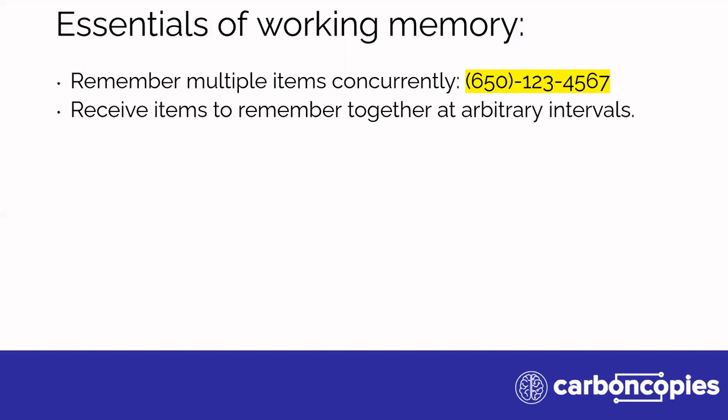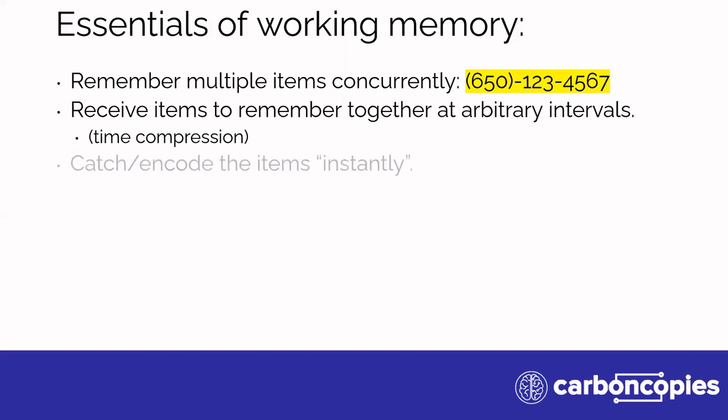So basically, if someone is telling you this 7-number telephone number, or 10 numbers in total, but 7 numbers in the last part, it shouldn't matter whether there is half a second between each digit, 1 second between a few of the digits, 1 second between one and another, and then half a second between the next two, and so forth. That shouldn't matter. In other words, there has to be a form of time compression. It should be able to catch and encode these items instantly.